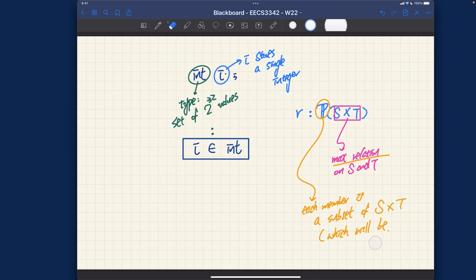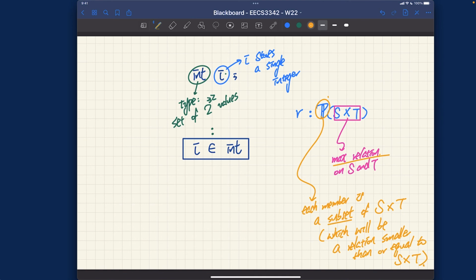So every each member over here is going to be a subset of the maximum relation, right? And the maximum relation is simply a set of tuples, and then we're saying that it's a subset of that, right? And which will be a relation smaller than or equal to S cross product T. And we'll see exactly what it meant.